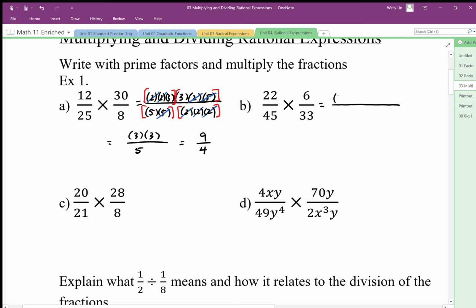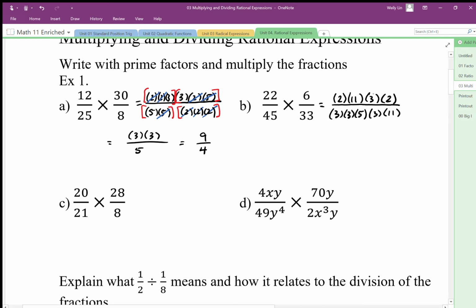So I have 2 times 11 times 3 times 2 on top. Those are all my times factors on top. On the bottom, I have 3 times 3 is 9, times 5 is my 45. I have my times 3 times 11 to give me my 33. So all my divide factors are on bottom, all my times factors are on top.